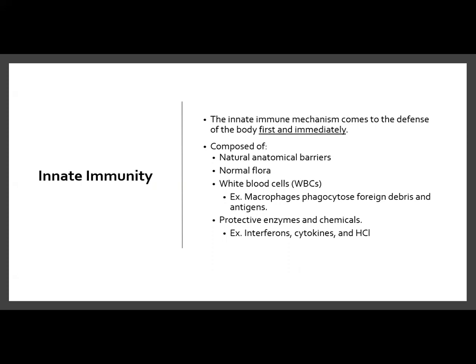All of these are the innate immunity. Unless you had a defect at birth, these are the things that you're born with. It's things like we have skin as our outer layer, all things that help fight whatever comes at us.